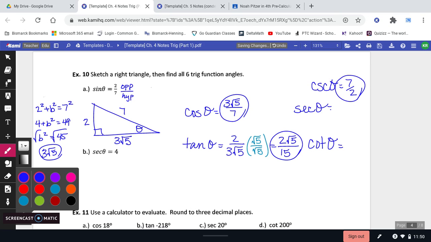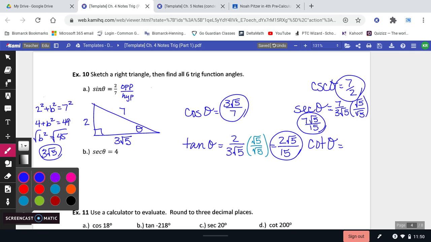So reciprocal of cosine would flip that fraction, and we're going to end up having to rationalize again. So this is going to be a root 5 over root 5. So you get 7 root 5 over 15.